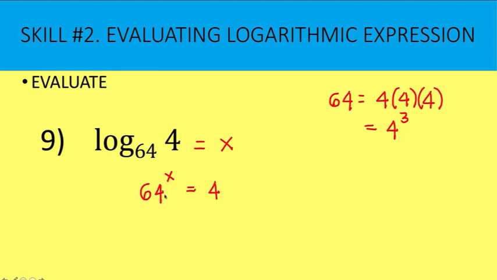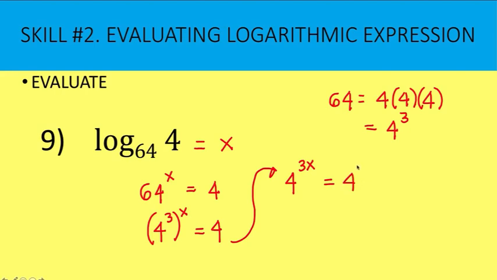So therefore, instead of writing 64, we can write this as 4 raised to the third power, raised to x, equals 4. Now, using the property of exponents, power of a power, we can multiply the exponents here to get 4 raised to 3x equals 4.